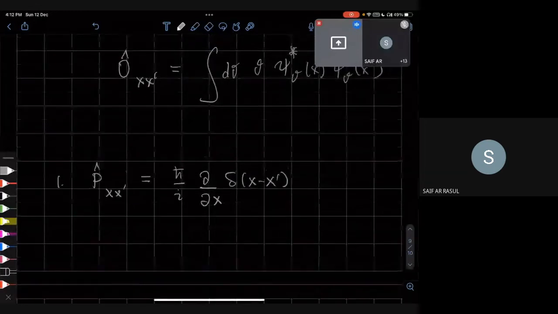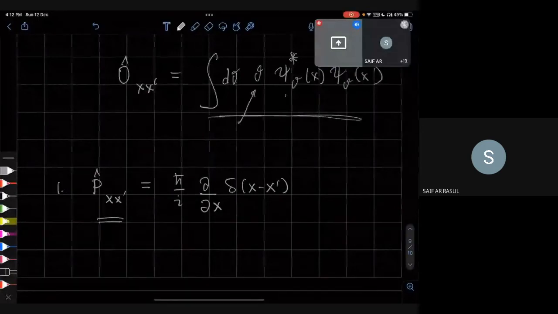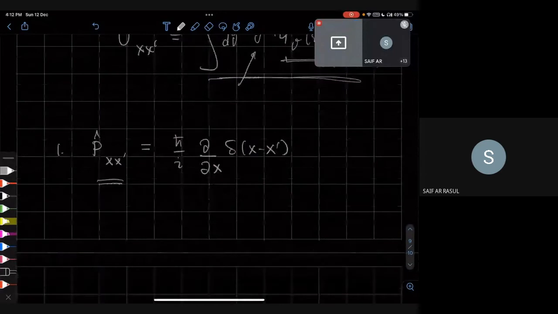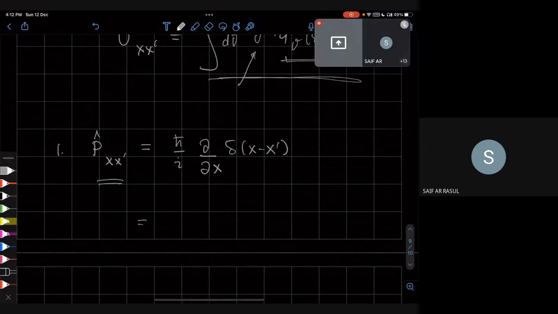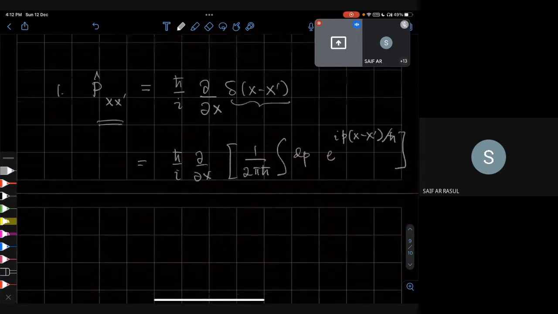According to the spectral decomposition theorem, we should be able to express this as a sum over the eigenvalues times the eigenvectors, with two factors of the eigenvector. This can be done because I can express the delta function as 1 over 2 pi h bar, integral dp, e to the power i p (x minus x prime) by h bar.